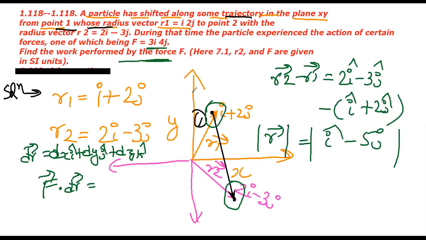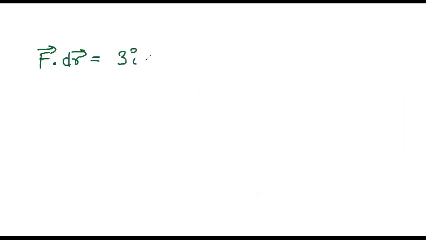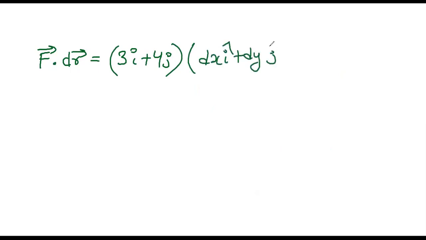The force vector was 3i plus 4j, and dr is dx i cap plus dy j cap plus dz k cap.